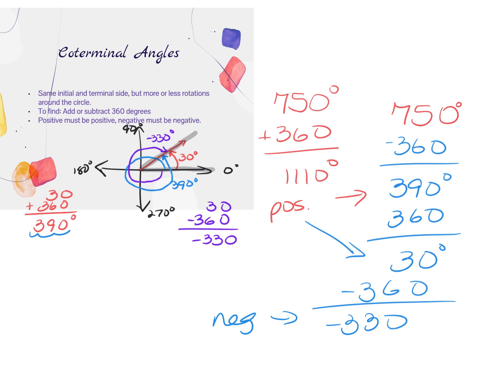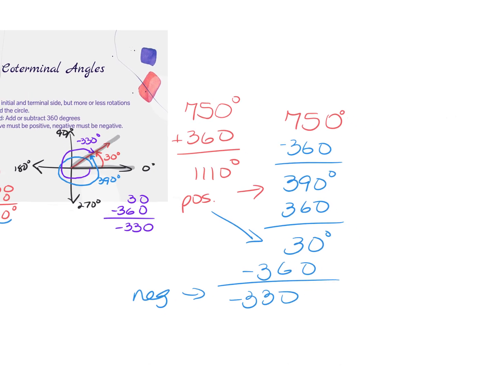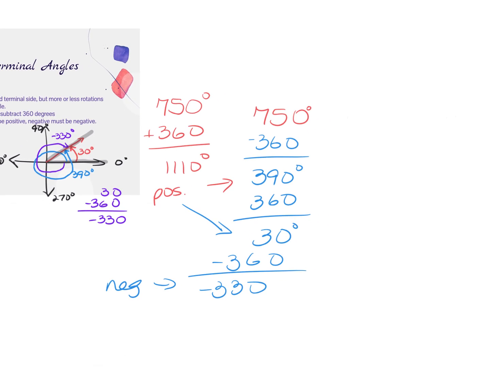So again, they may ask you to graph. So let's say we had to graph this. I'm going to start over here at 0 degrees. So when I start from my positive, I'm going to start here at 0. And then I'll go to the 90, the 180, 270.